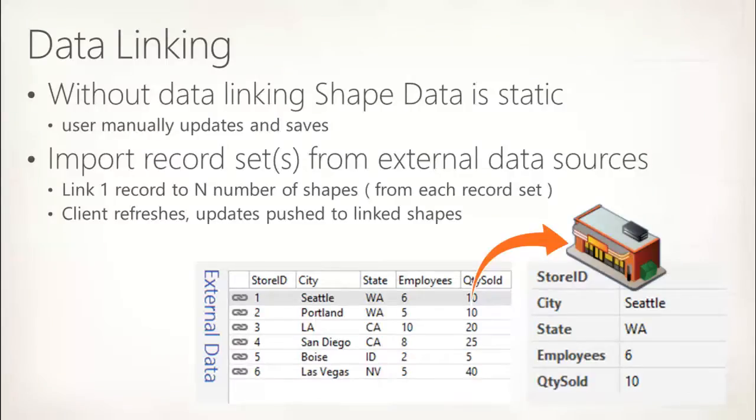We can bring all that together and visualize it on a single shape. That's an important point: being able to mix and match and pull all of that together into one visualization. A lot of times the person creating these dashboards could probably accomplish that if they could go into SQL and write a stored procedure, but they probably don't have permissions to do that. So this way they can link to these different tables and bring it all together into a single shape.